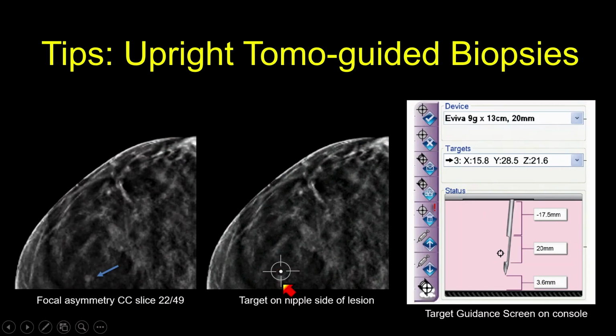Once you set on the target, the console will show you an instant guidance screen that gives you exact XYZ numbers, but I found it also very helpful. It gives you a cross-sectional image to tell you your distance from skin to the sample notch, from needle tip to the image receptor, and also the relationship of your target to the sample notch.